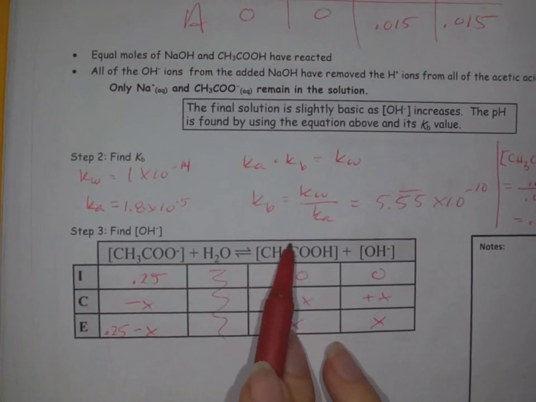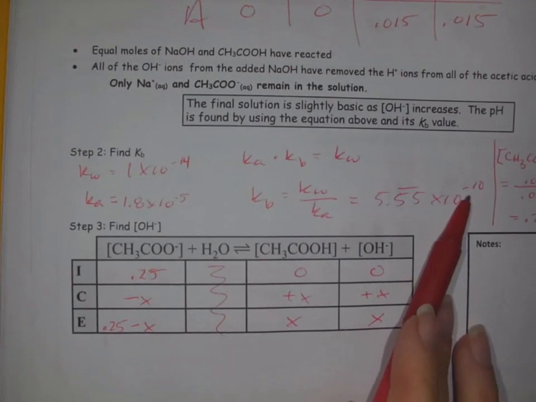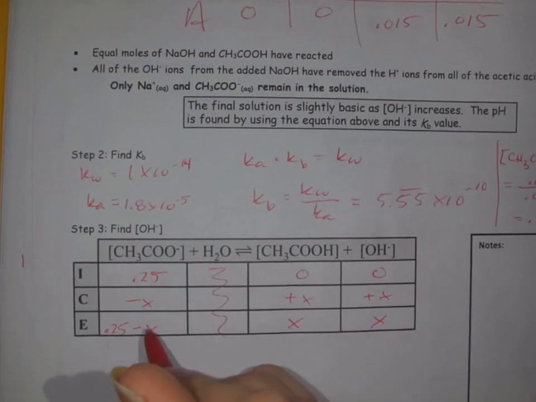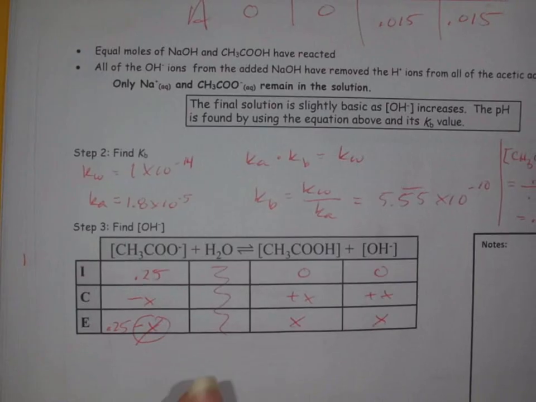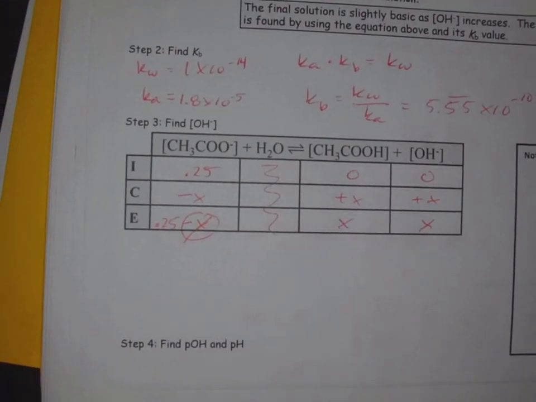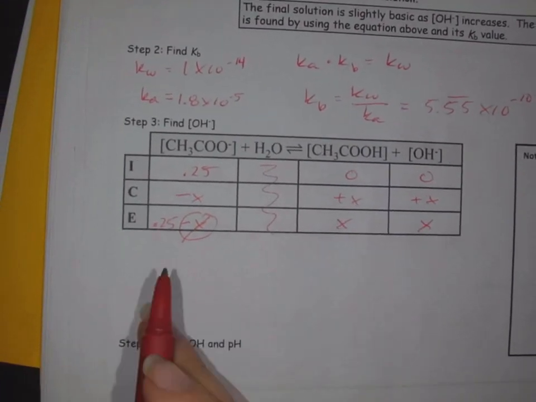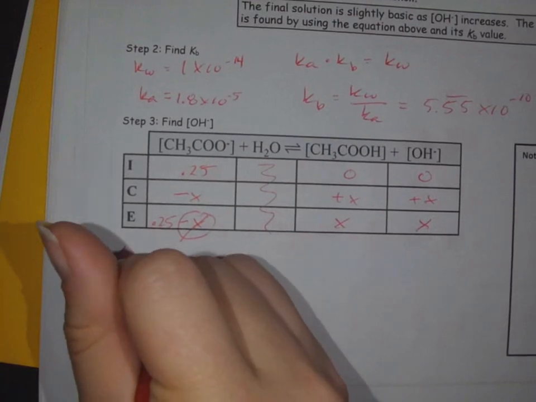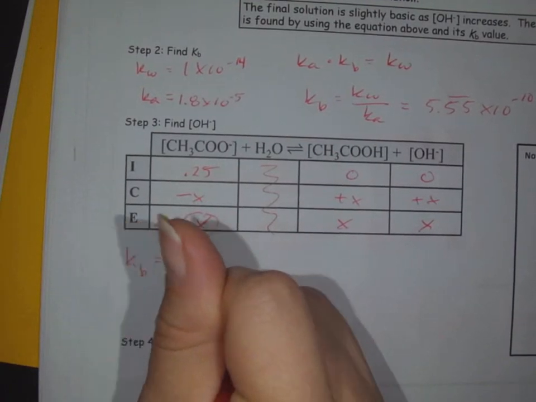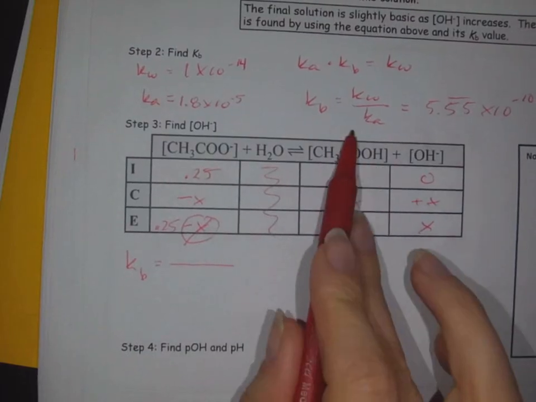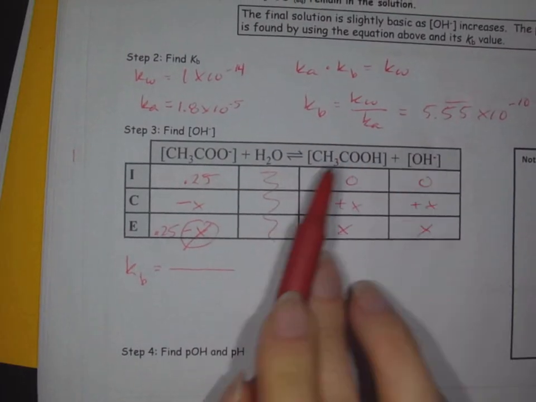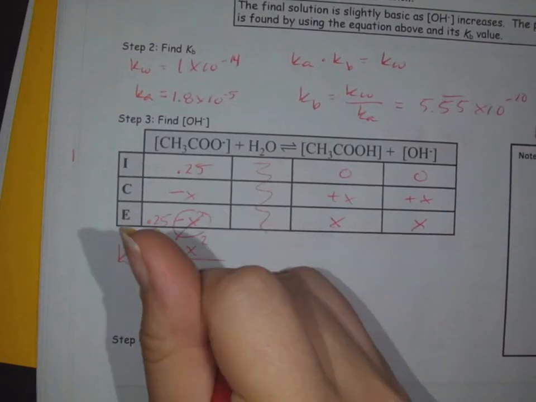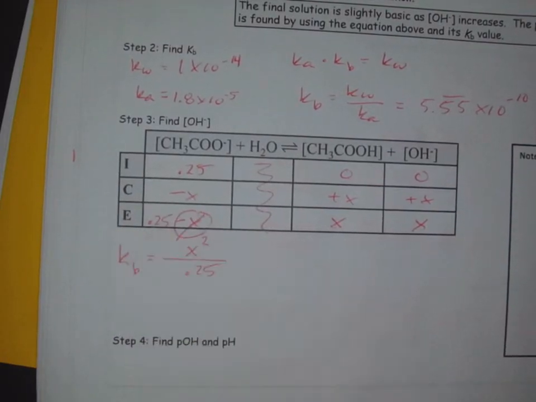But we're dealing with a weak base, and here's our Kb. Look at how small that is. So remember how we can make the assumption that the little bit we're adding is nothing compared to the original concentration. And so our Kb expression would be this multiplied by this divided by this one, so x times x, or x squared, divided by 0.25.